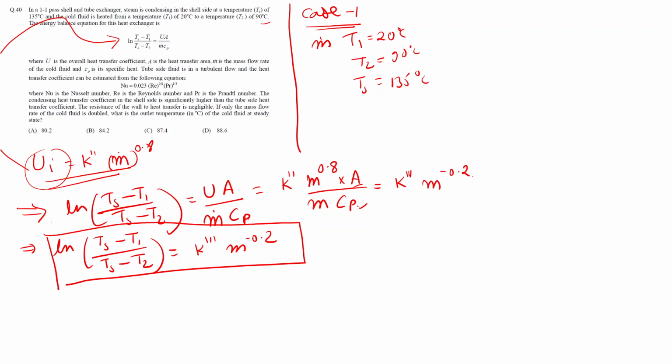And in the second case, the mass flow rate is doubled, that is M2 will become twice of M1. Rest all, that is T2 we have to find. T1 and Ts will remain same.